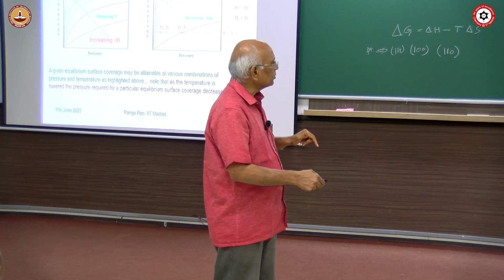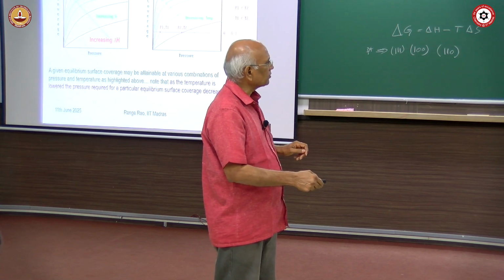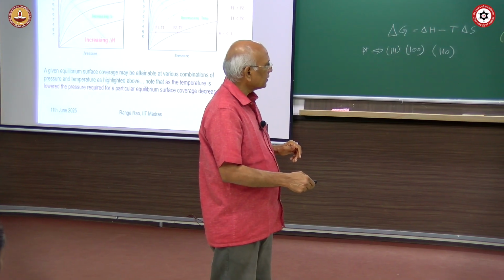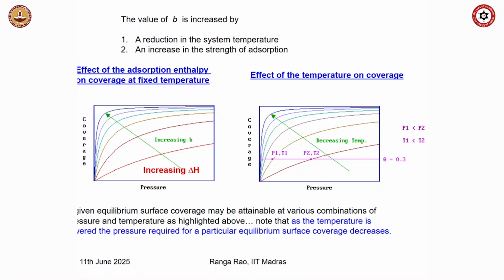So what people do, for example, if you wanted to calculate the delta H: suppose you have done an experiment where different isotherms are recorded here. Okay, and these are the different isotherms. Delta H is increasing, that means B is also increasing.